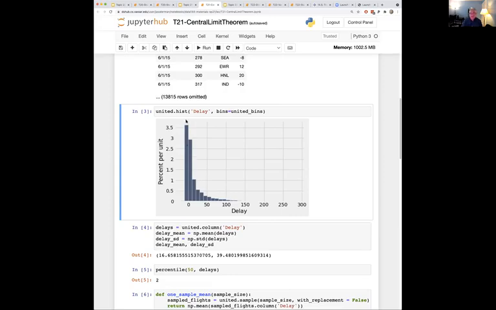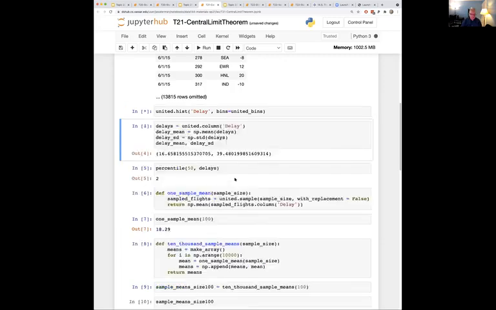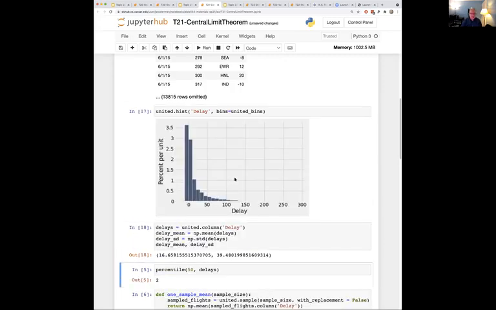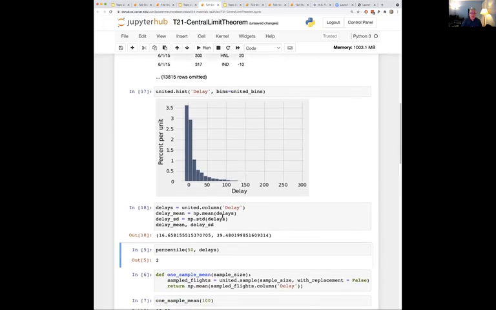You can see it tails off, and it is definitely not a normal distribution. We can compute the average delay, and that's about 16.6 minutes.